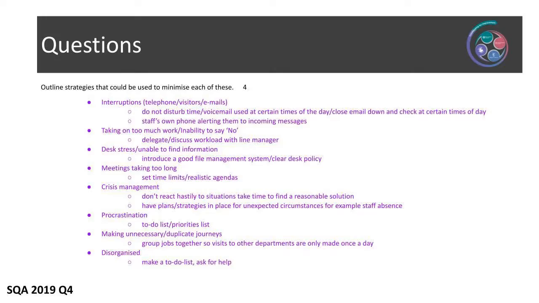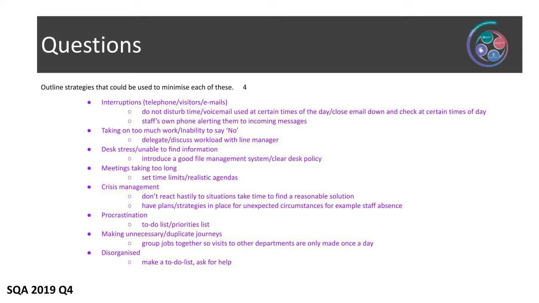Could make sure voicemail is switched on, or we close the email down and only check emails at a certain time of day. Of course, if staff have got that on their own phones, alerting them to incoming messages, they can set some do not disturb times on them to make sure that they're not distracted.